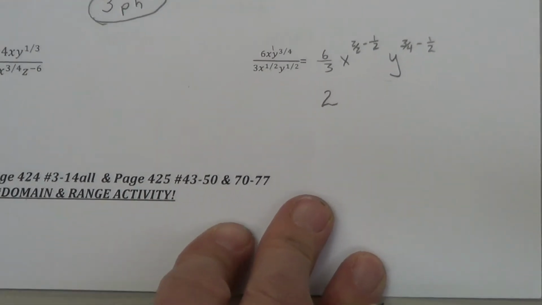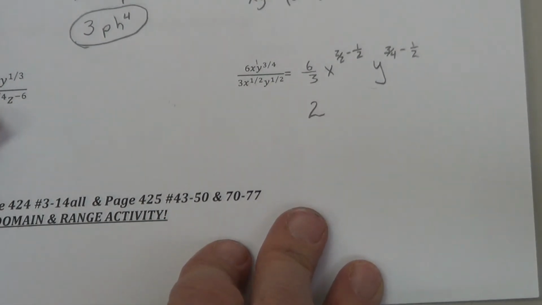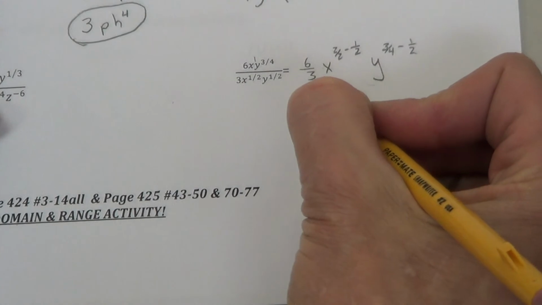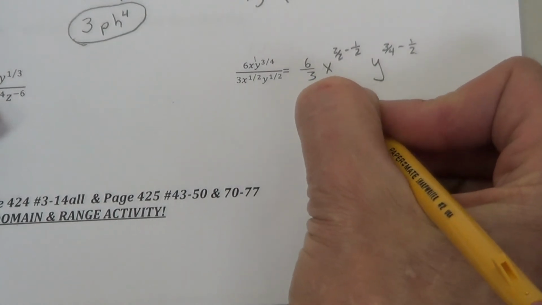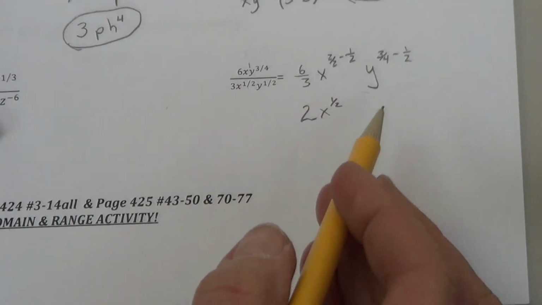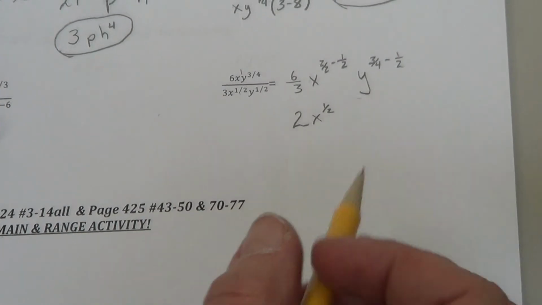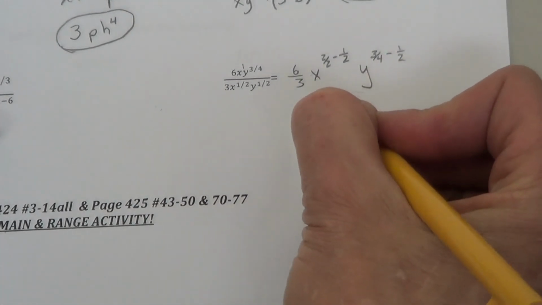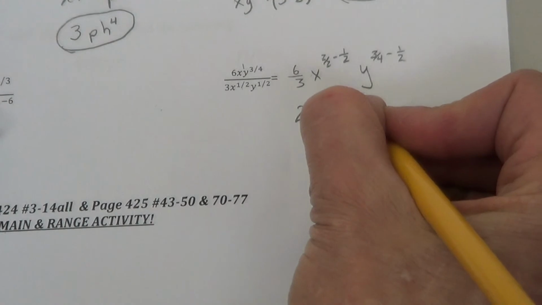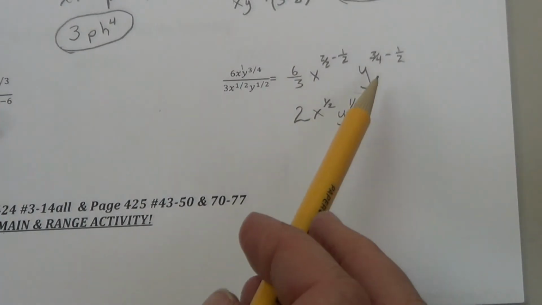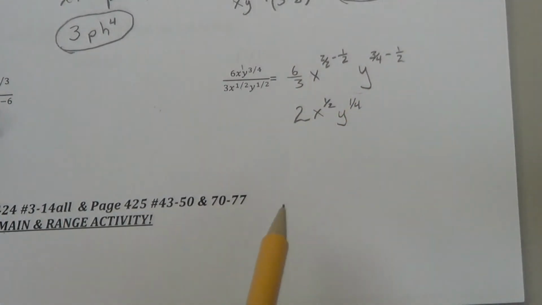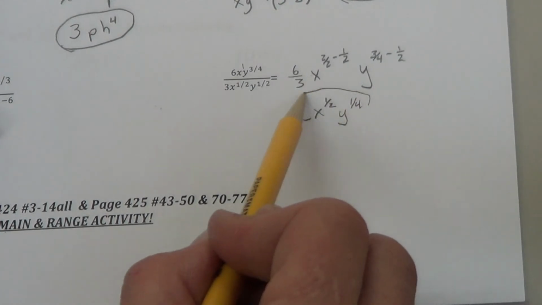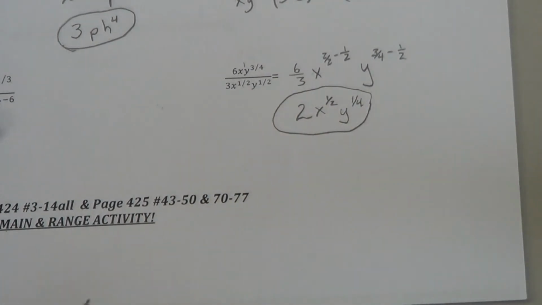X to the 2 over 2 minus 1 over 2 is x to the 1/2. And 3/4 minus 1/2 is 1/4. Make sure that you understand how we did that fraction, otherwise write it out and do it. Ask me in class, I can show you in class.